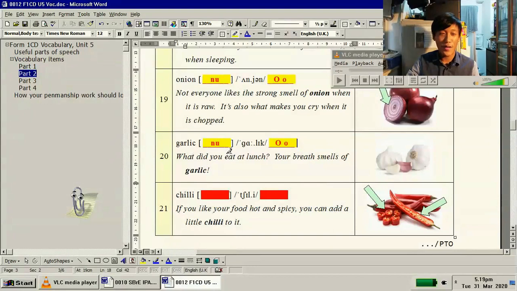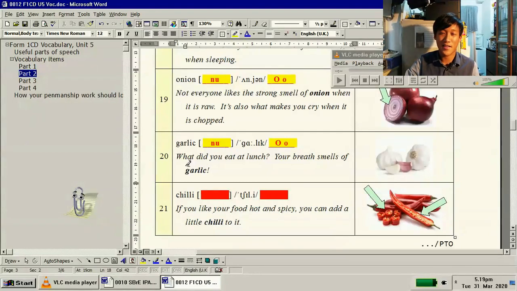Okay. So if you eat a dish with garlic at lunch, for example, fried spaghetti with garlic, and if you don't drink enough water, then when you start talking, some people can tell that your breath smells of garlic, and they don't like it.